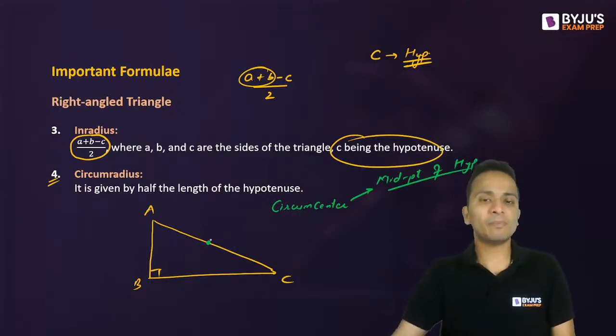So AC is the hypotenuse, and the midpoint of this will be the circumcenter. Let's say this is O.